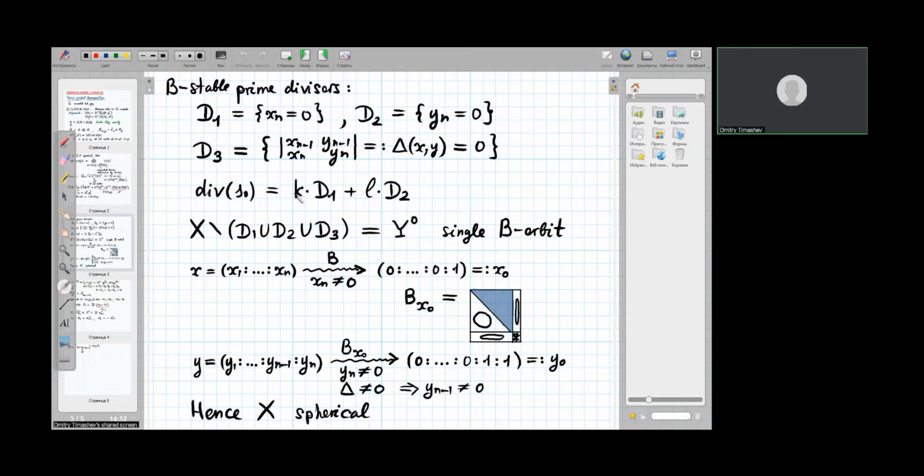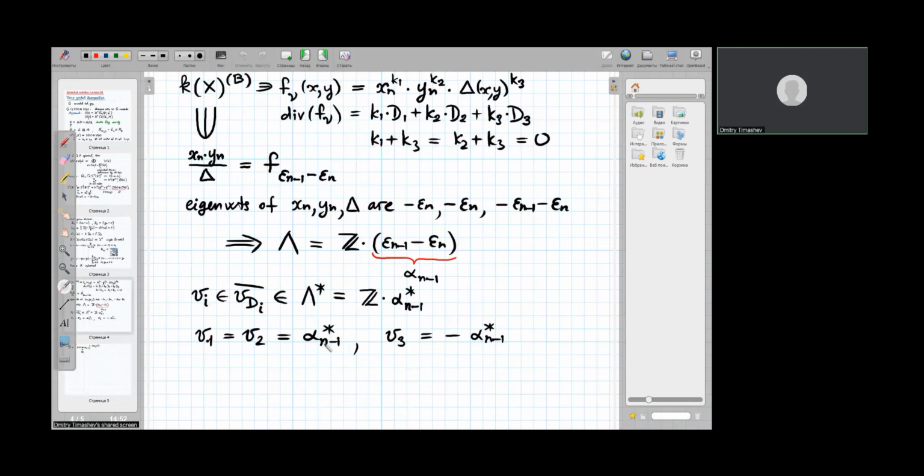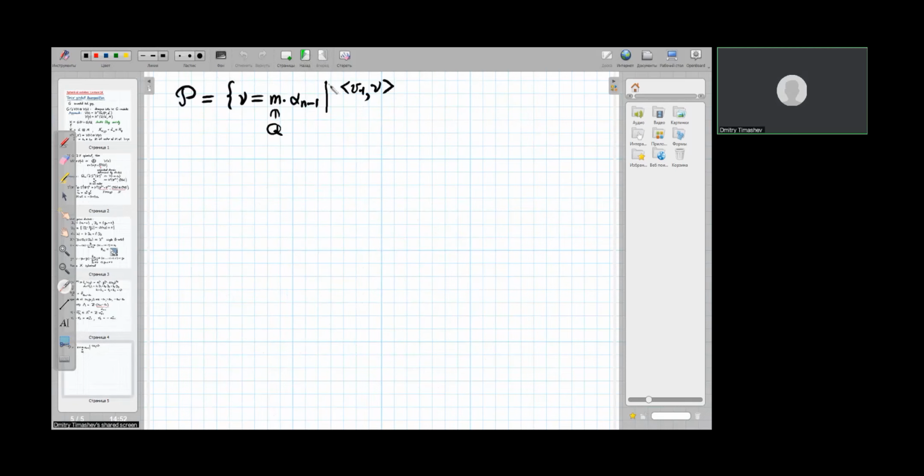The first multiplicity is k, the second multiplicity is L, and the multiplicity in D3 is just 0. So the pairing of V1 with nu is just m. It should be greater or equal than minus k. This is the first inequality.